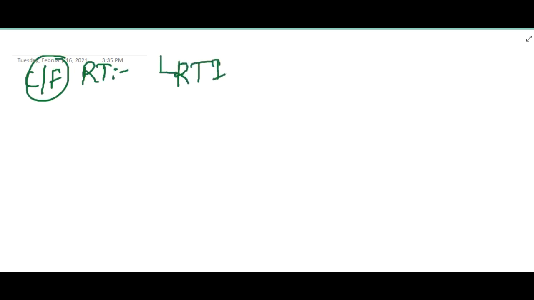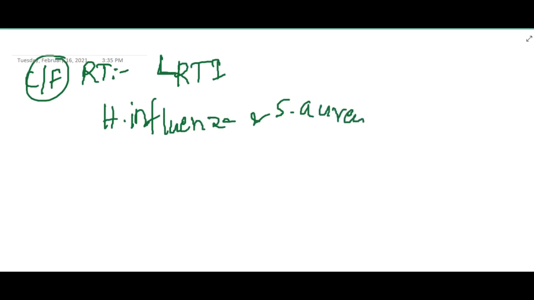Now the clinical features of cystic fibrosis in the respiratory tract: respiratory tract infections occur, especially lower respiratory tract infections, caused by Haemophilus influenzae and Staphylococcus aureus, which are the first organisms.